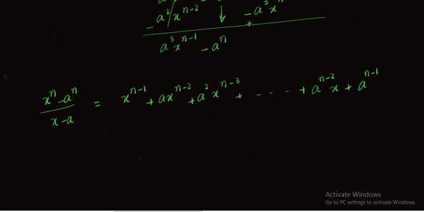Now, we apply a limit on both sides. We have to find this limit, that is limit x approaches to a. Similarly, we apply the limit on the right hand side, limit x approaches to a. As the expression on the right hand side is a polynomial, and we know that polynomial functions are continuous, that is, for a polynomial function f(x), limit x approaches to a, f(x) is equal to f(a).